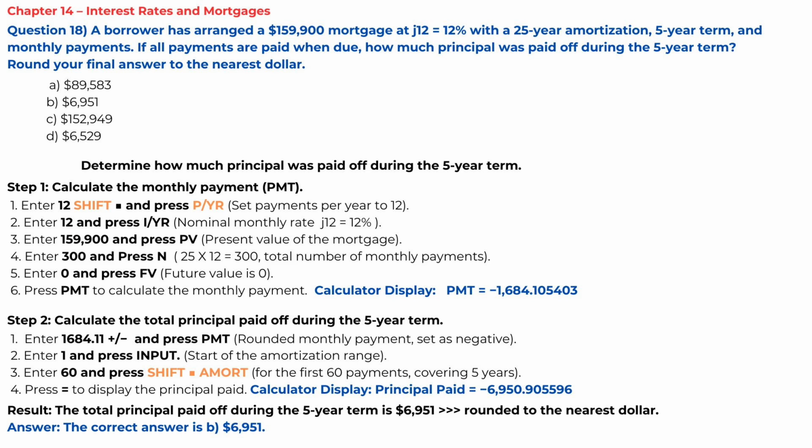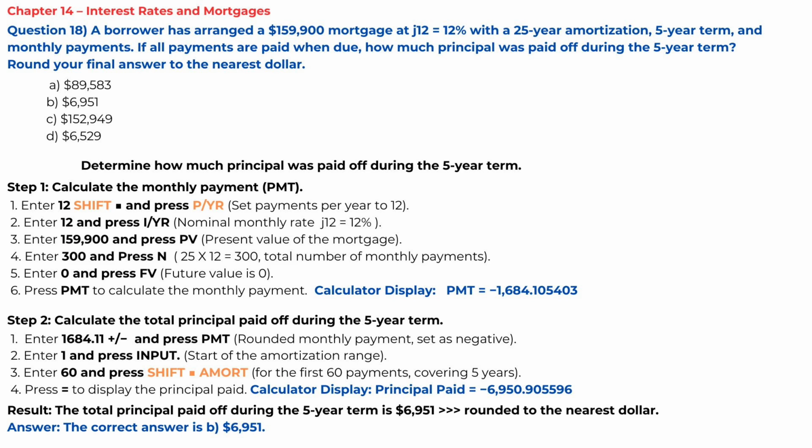Enter 0 and press FV, future value is 0. Press PMT to calculate the monthly payment. Calculator displays PMT equals minus 1,684.105403.